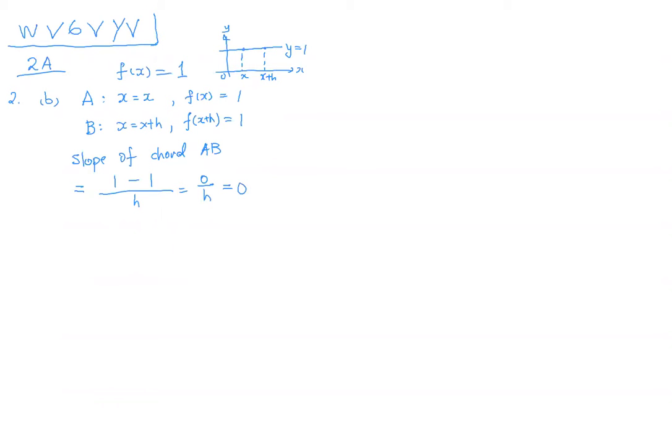So that means your slope of the chord doesn't depend on the value of x and the value of h as well. So therefore, f prime x, we have to write as limit h tends towards 0 of 0. So the answer is 0. That's it.